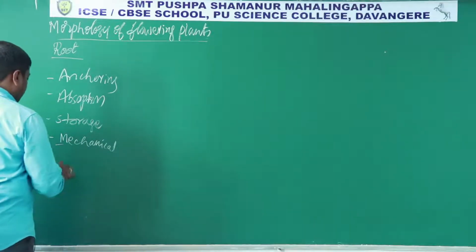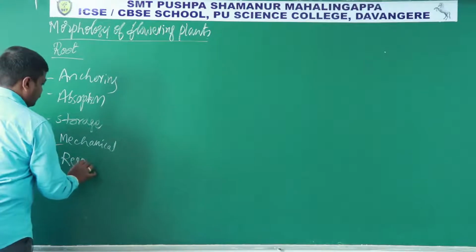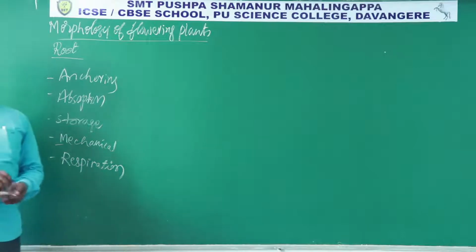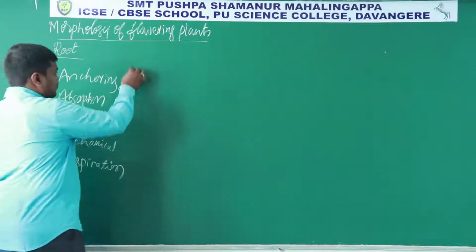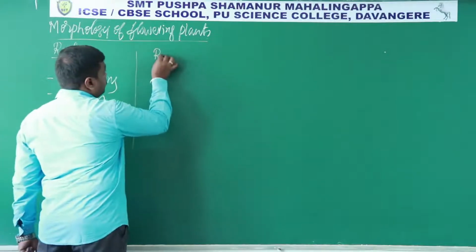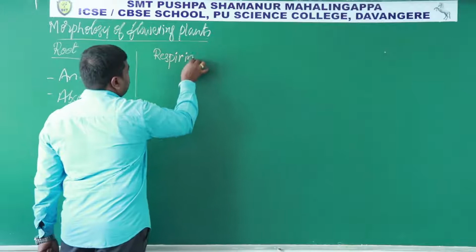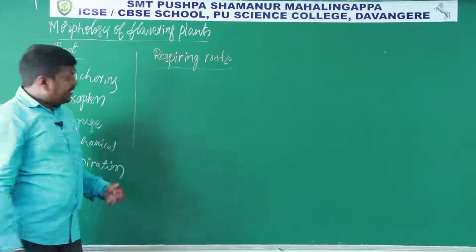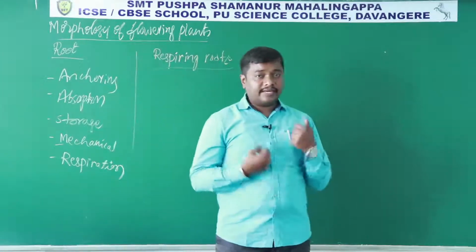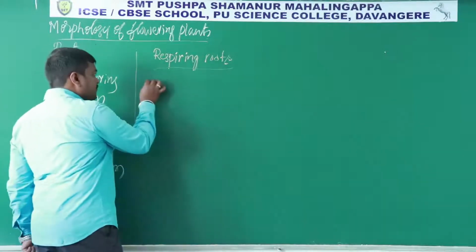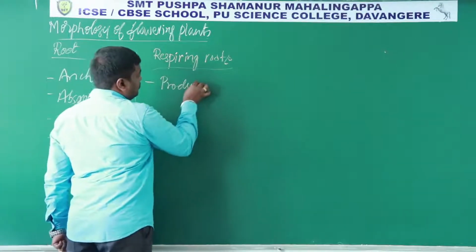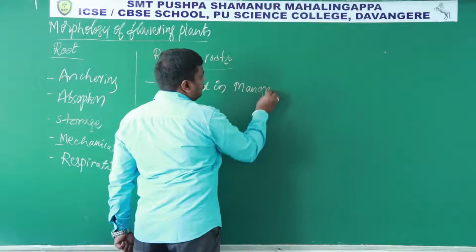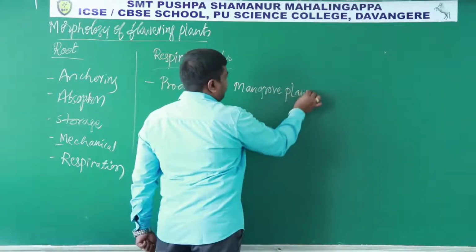Let's see one more function of a root, that is respiration. These roots are called respiring roots. Why are they called so? These respiring roots are produced in mangrove plants.